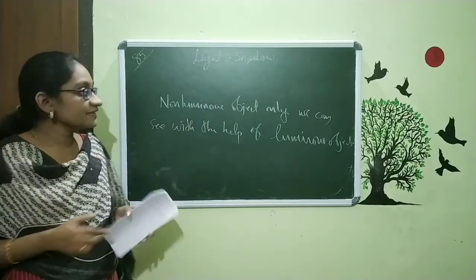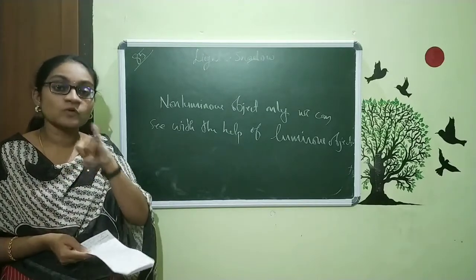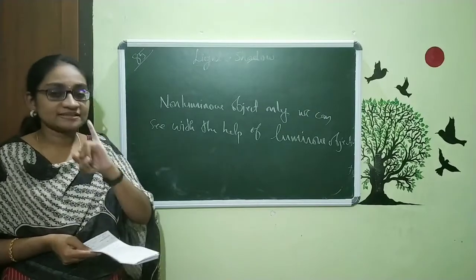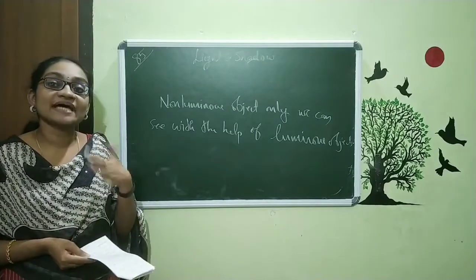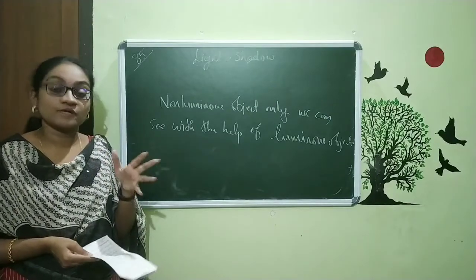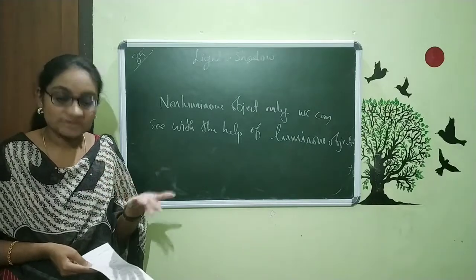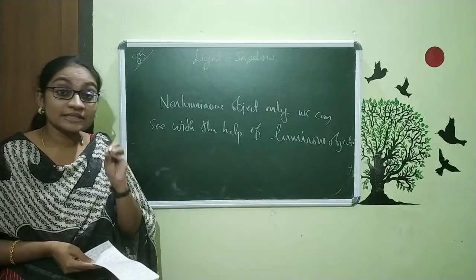So, today we first discussed light. What is light? Light is a form of energy which produces the sensation of sight. That is the definition of light. Then we studied some examples of light sources. What is a light source? The source which produces light is called a light source. There we discussed different types of light sources. That means there are natural sources and artificial sources.